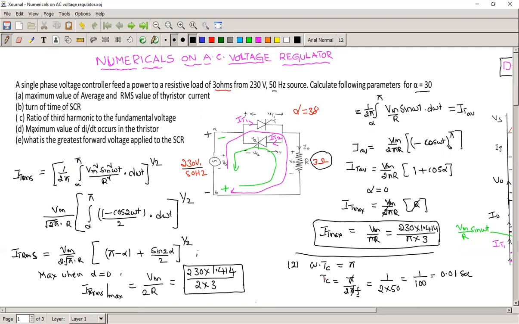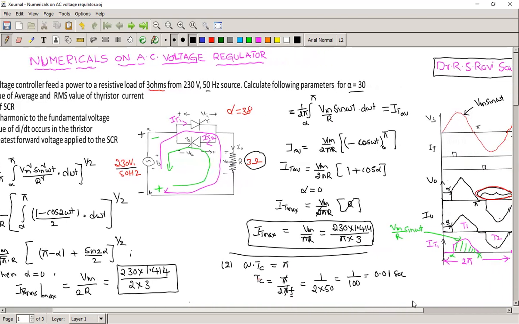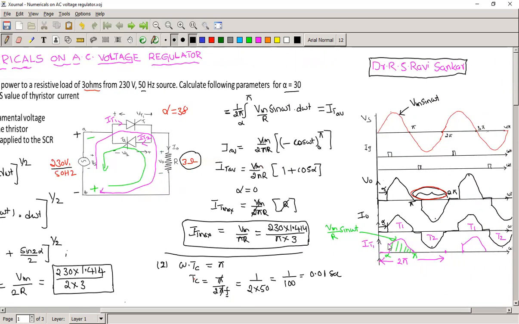This third bit, the maximum value of di by dt occurs in a thyristor. What is the maximum rate of change of current in an SCR? The maximum change in current occurs in the SCR at 30 degrees, 0 to 30. This is the maximum change.